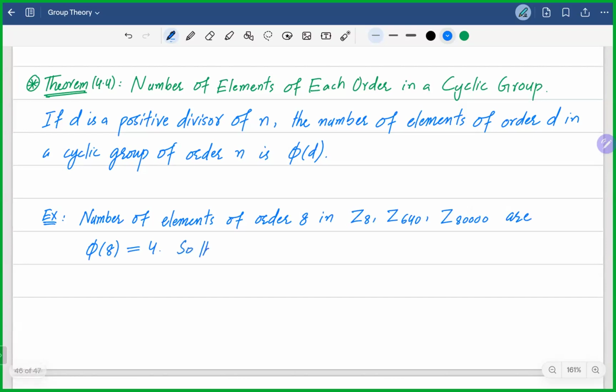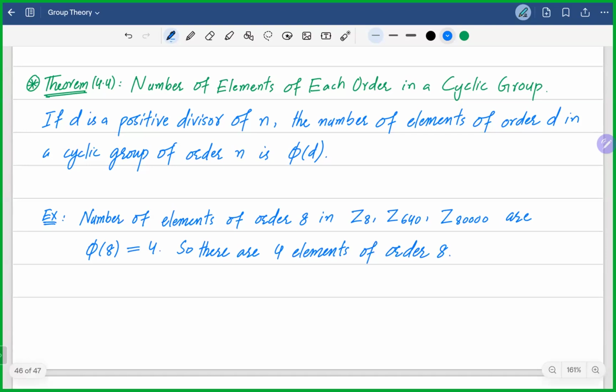So there are 4 elements of order 8. That's crazy. In Z80,000, you want to know how many elements there are of order 8, and you just know the answer that there are only 4. It's a crazy result. Amazing result. Okay.